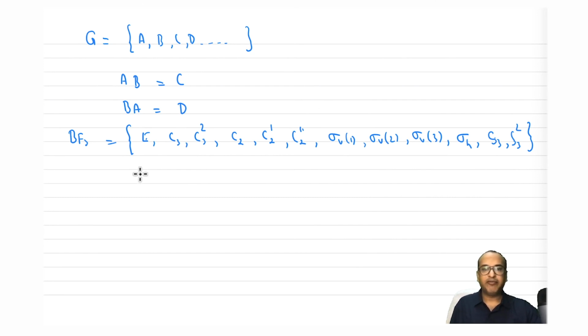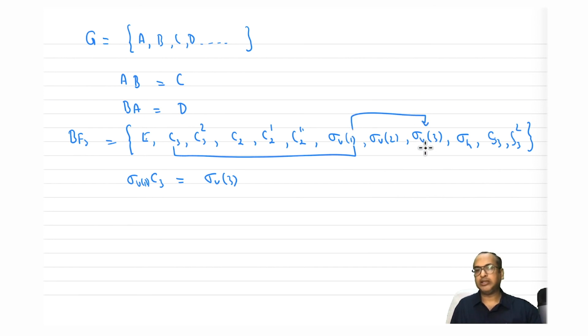For example, if I combine C3 and then sigma v1, as we have seen earlier, we get sigma v3, which is already present in this group. Similarly, you should be able to test the others.